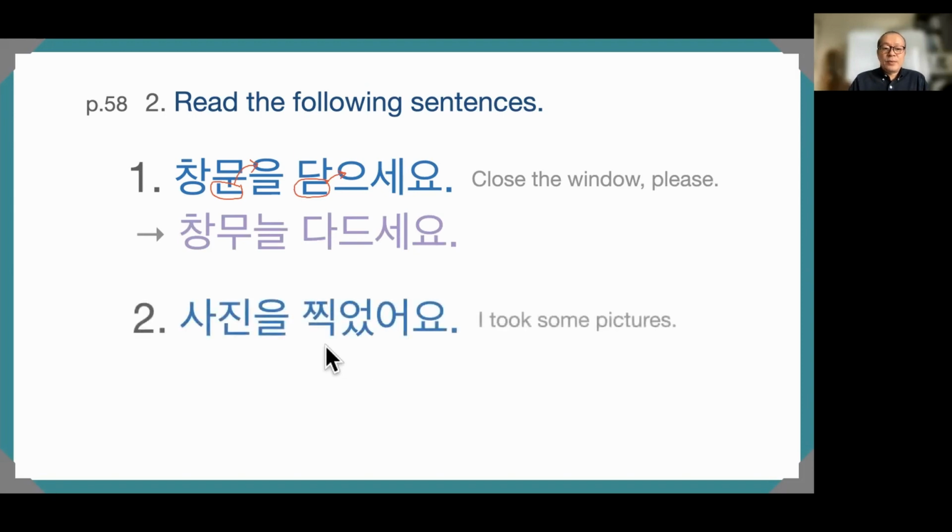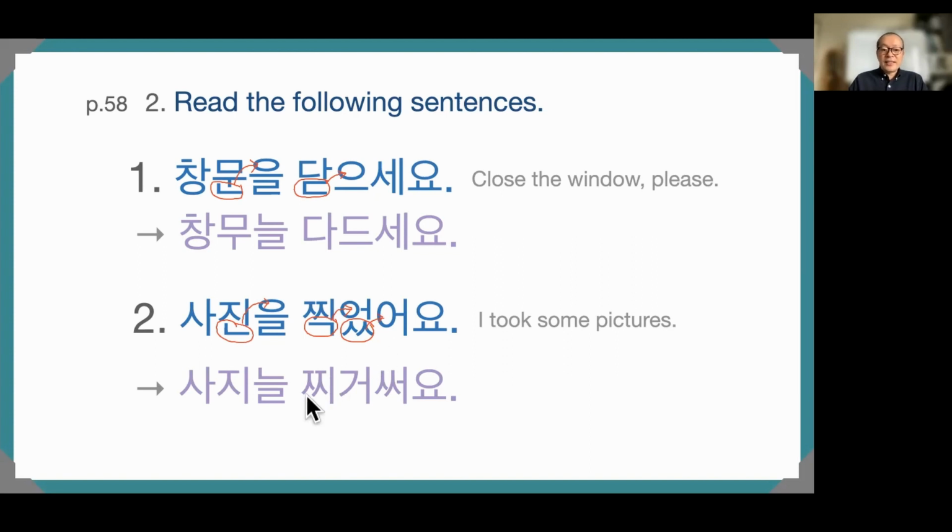Let's practice one more. This one is a little bit difficult, right? Okay, here. This final consonant shifts to the next syllable. And also here, this final consonant is shifted here. And this double consonant as a final consonant shifts here.